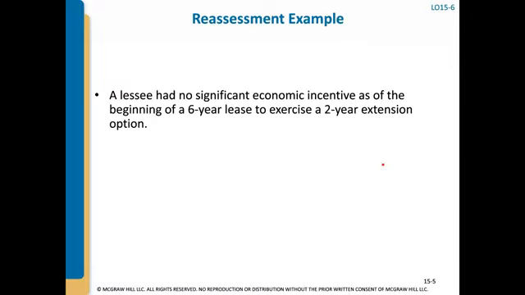A lessee had no significant economic incentive as of the beginning of a 6-year lease to exercise a 2-year extension. So right now, this lease is 6 years. Let's just write it out. 1, 2, 3, 4, 5, 6.